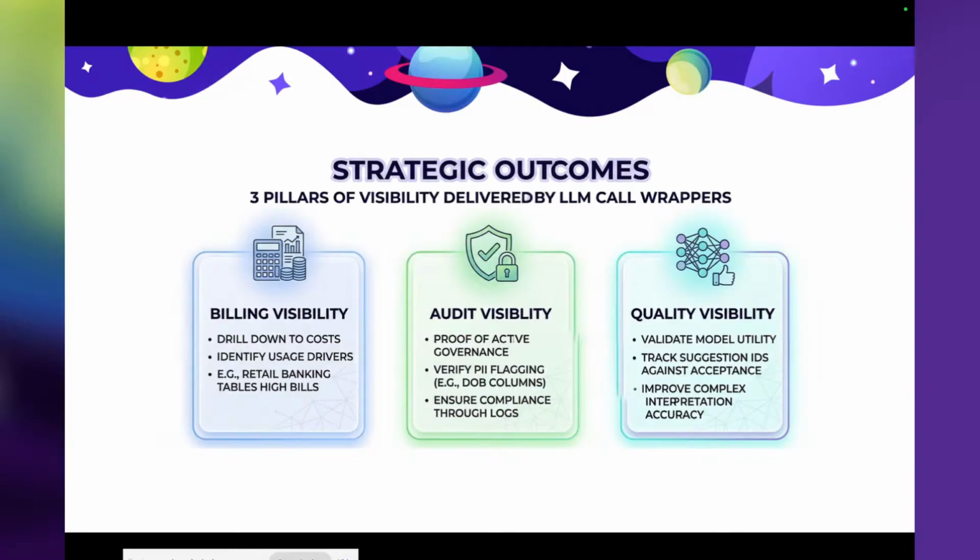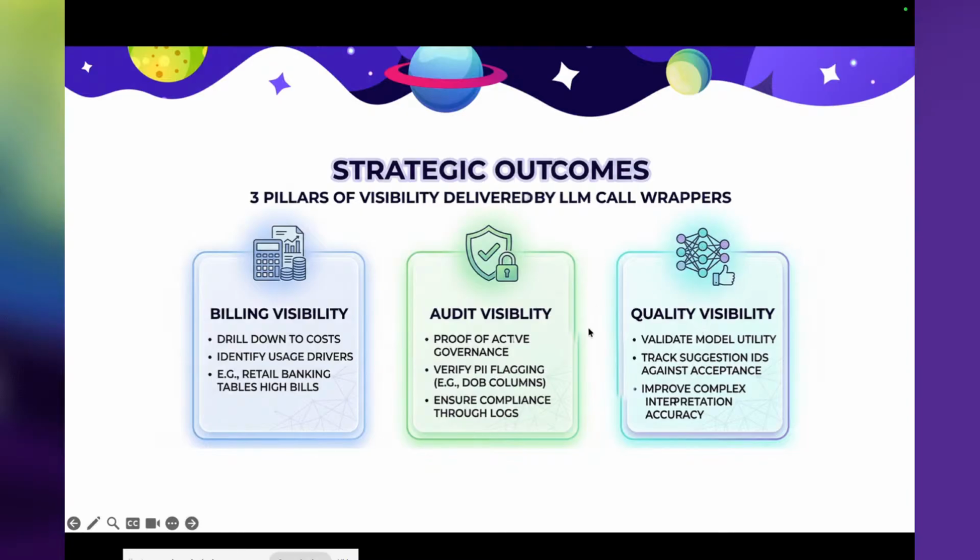And then comes quality visibility, where we stop making assumptions. Is the model working as expected or not? We track exactly how often users accept the AI suggestions and the quality of those suggestions. That's how we can prove its real world utility and how it caters to our use case, and continuously tune for accuracy.